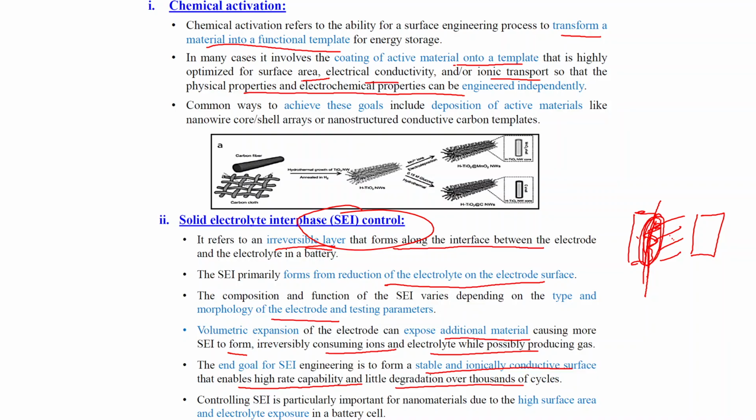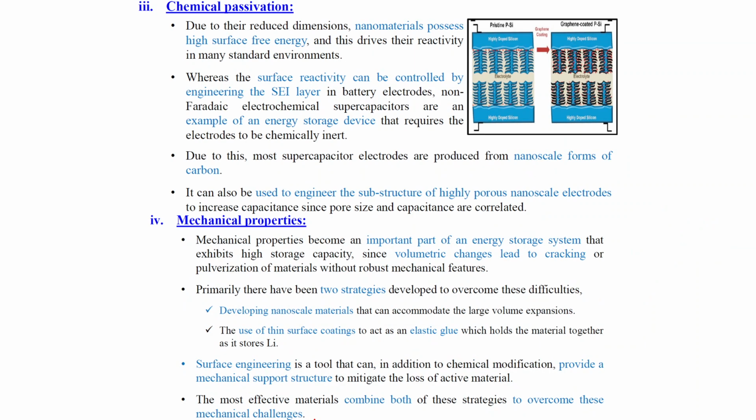So the formation of this SEI forms a stable and ionically conducting surface which further enhances the cyclic stability of the battery. Controlling SEI is particularly important for nanomaterials due to the high surface area and electrolyte exposure in a battery cell.